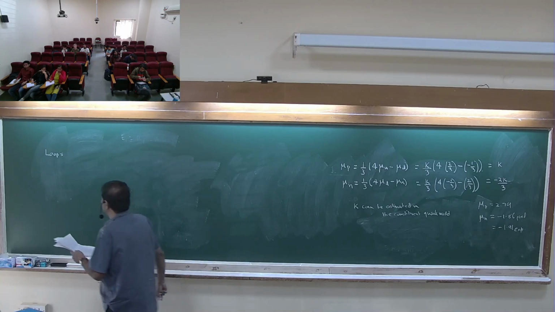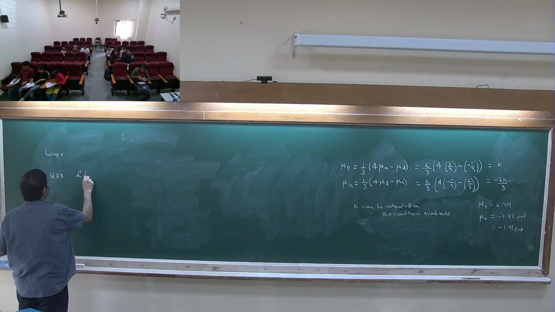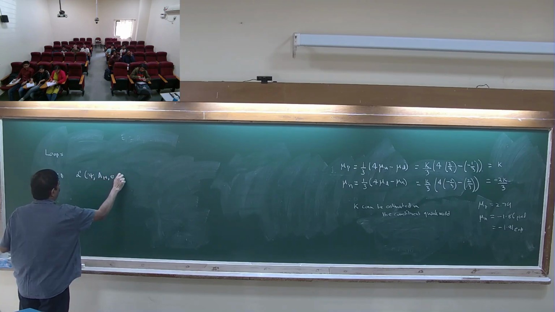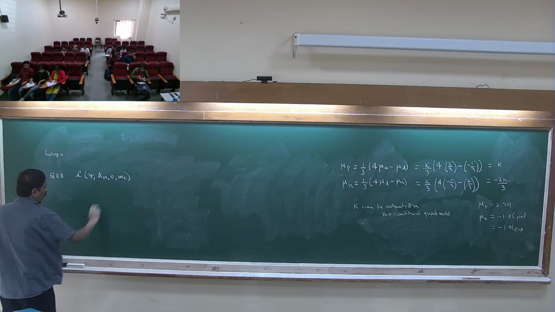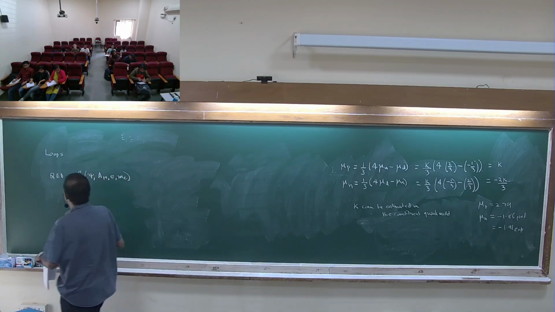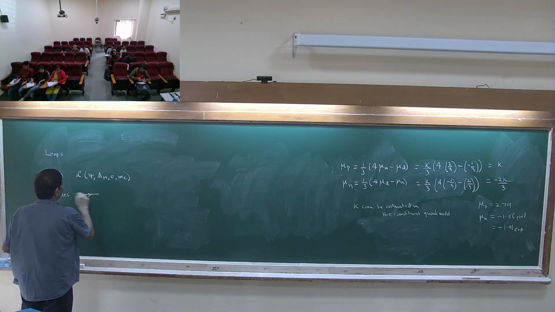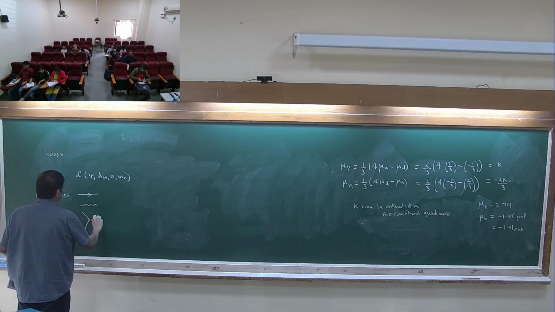So let me again go to QED, which is the simplest theory, where L is a function of the fields psi, A_mu, and has only two parameters, e and m_e, nothing else. This is L. Okay, and there are rules, Feynman rules, which tell you that there are propagators like this, and then there is a fundamental vertex like this.